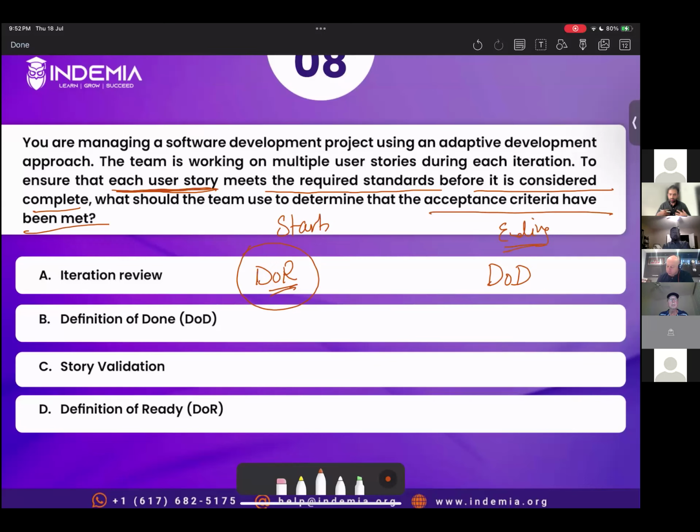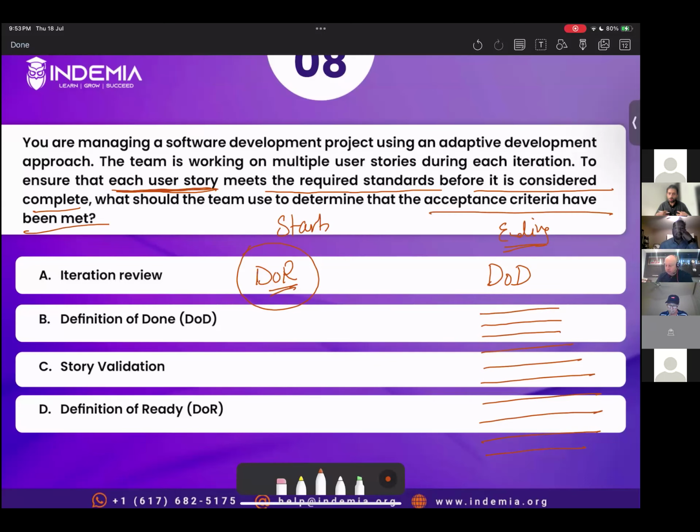So for the team, if we have developed something, what is the best way for us to determine we have done whatever we should have done? That is definition of done, DOD, which is a set of actions which should be taken before you send the product for customer review, right? So the correct answer is option B, definition of done.